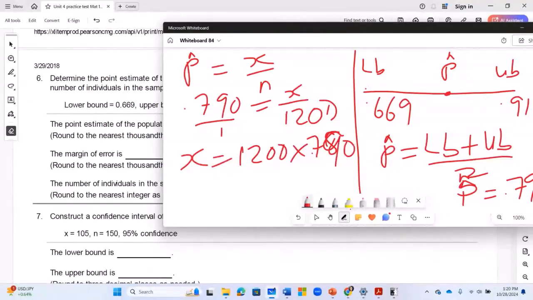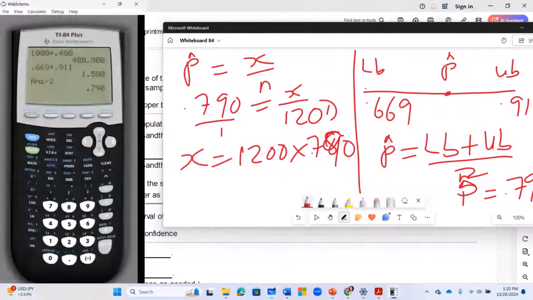I have 1200 multiplied by 0.780, and I hit enter. And so actually, it is 936. So 936 people showed up. So x is equal to 936 out of 1200.